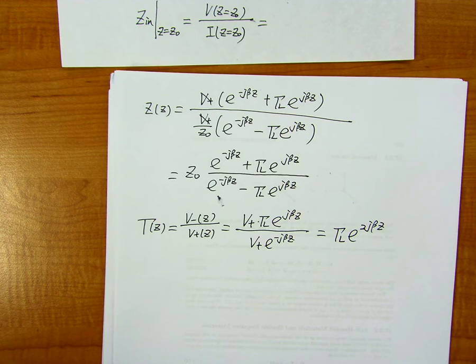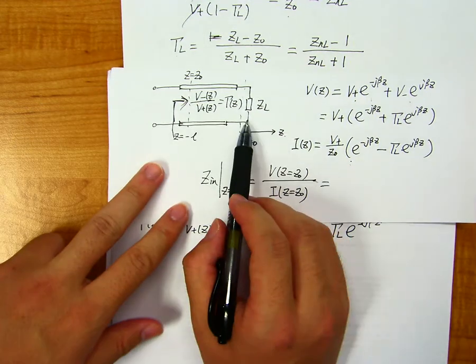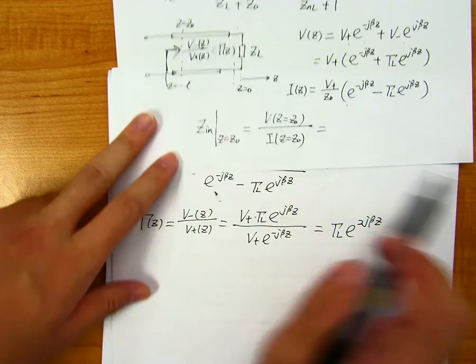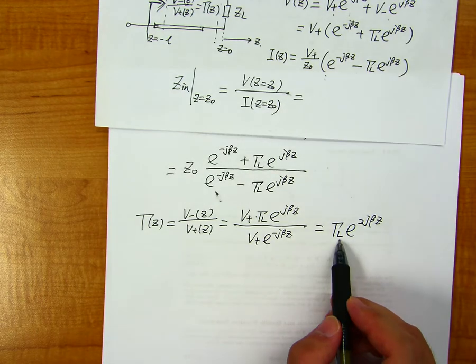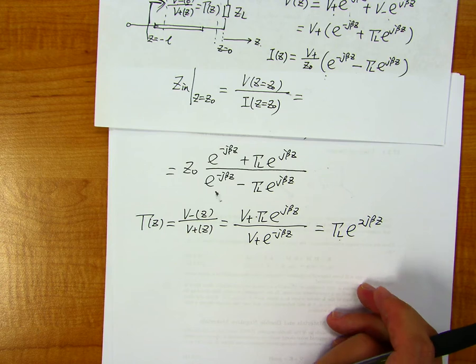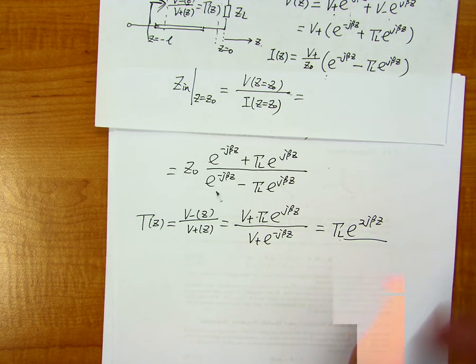Okay, so as we can see, as we move this observation point from the load to the left, this reflection coefficient gamma of z will change, but this is a periodic function, because of this exponential term with imaginary argument.